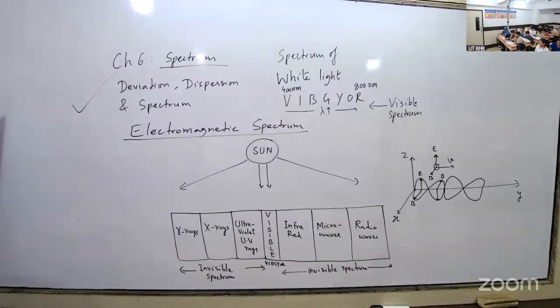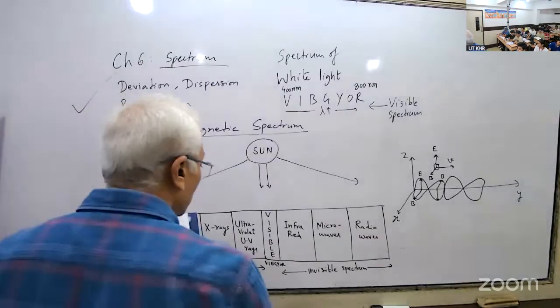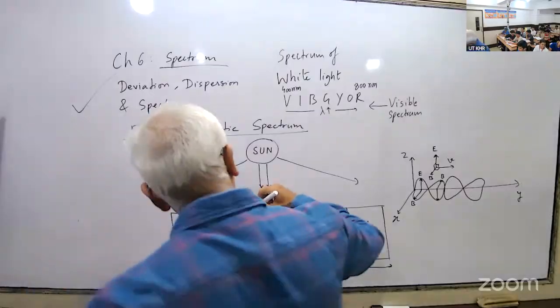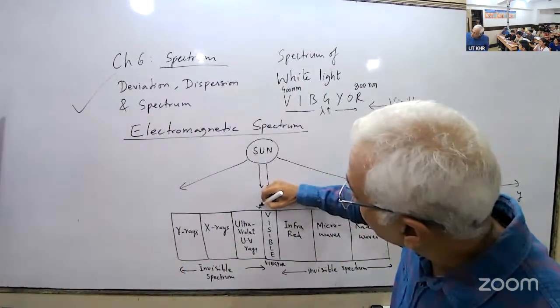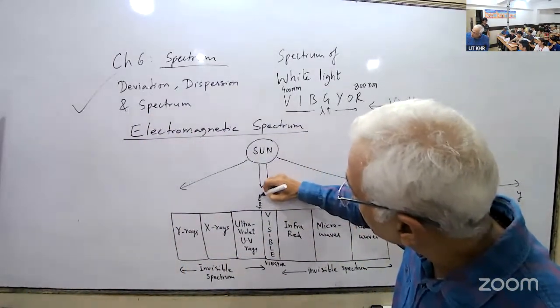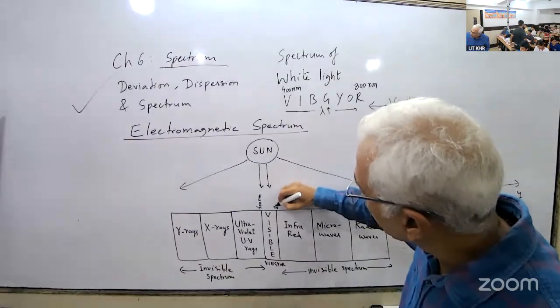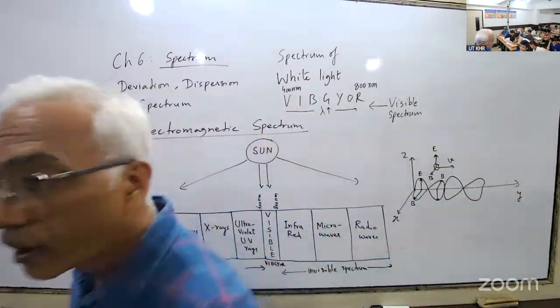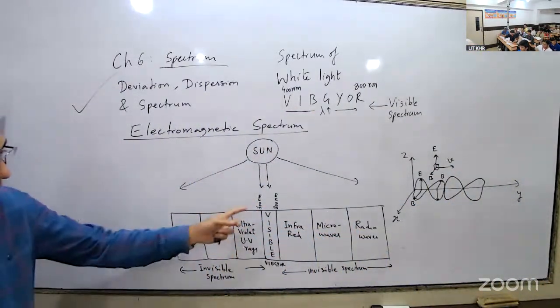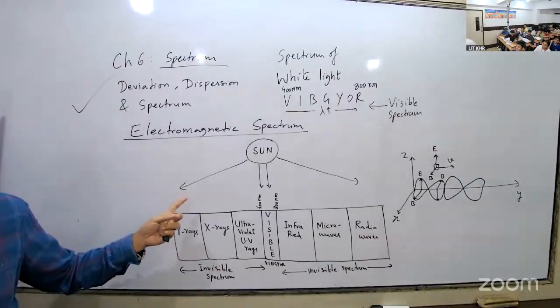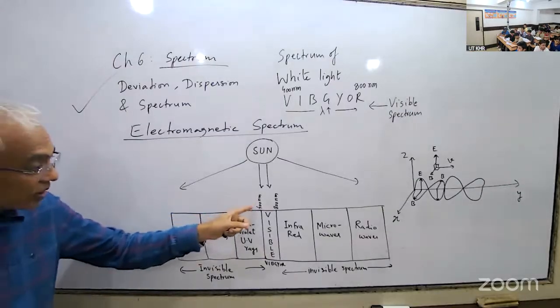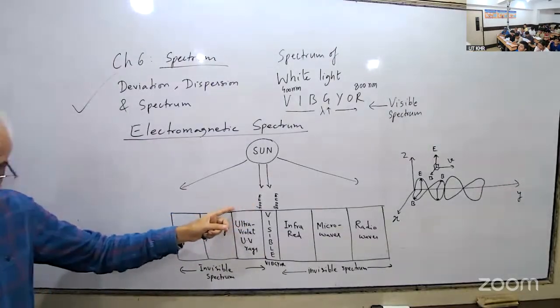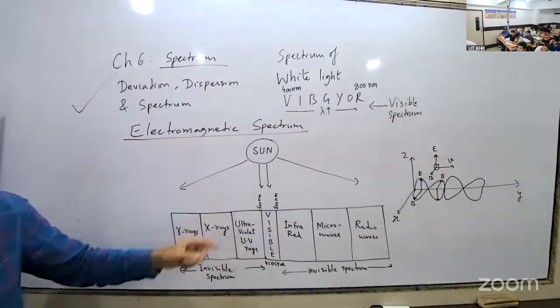The wavelength for violet color is 400 nanometer, and this is 800 nanometer. Then what about the wavelengths on this side? It will be less than 400, and as we come here, what will it become? How much is this?